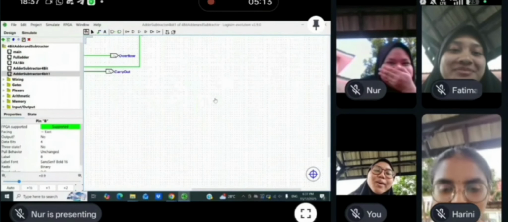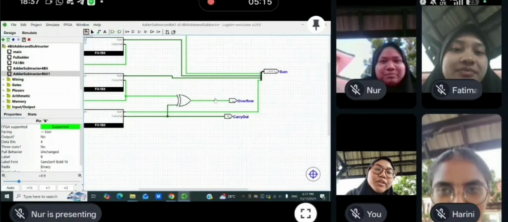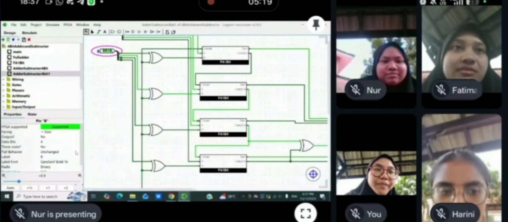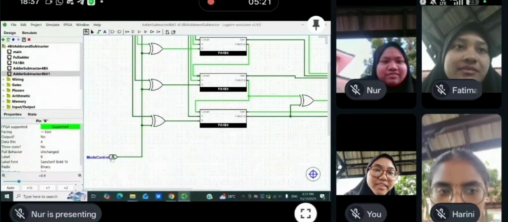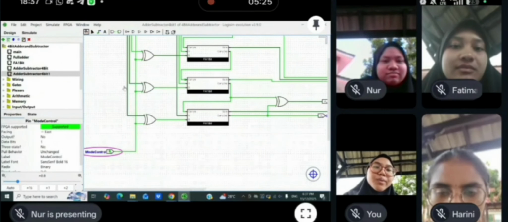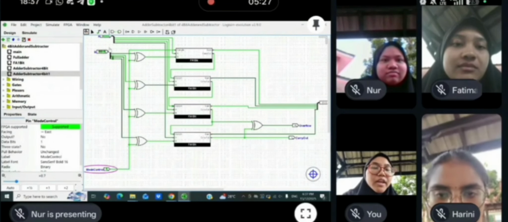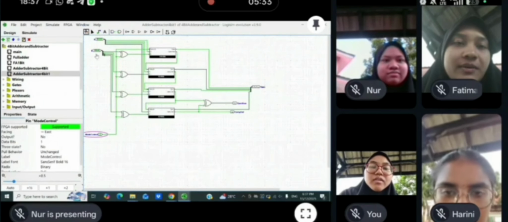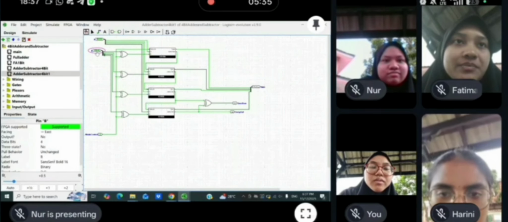And then, when the mode control is set to 1, the input of A is 0, 1, 1, 1, which is 7, and the input of B will be 0, 0, 1, 0, which is 2.